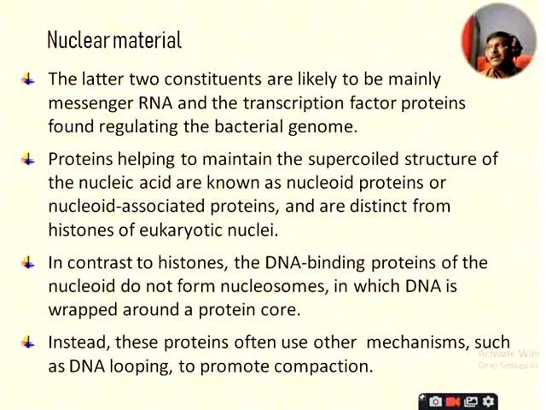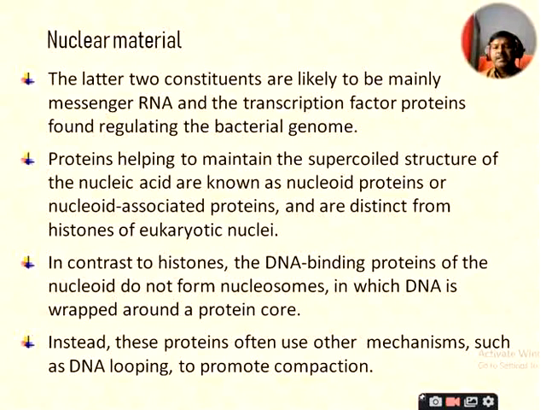When we compare the nucleoid of bacteria and the nucleus of eukaryotes, in eukaryotes there are histone proteins present in the packaging of DNA, but in the case of prokaryotic DNA there are nucleoid proteins present instead of histone proteins. In contrast to histones, the DNA binding proteins of the nucleoid do not form nucleosomes, in which DNA is wrapped around a protein core.